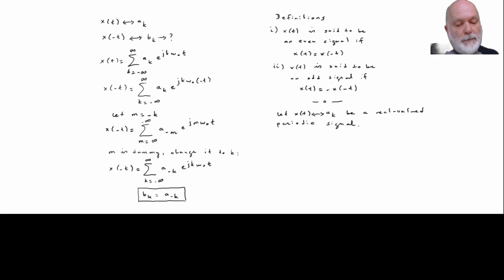Now, if in addition x of t is even, the Fourier series coefficients ak are real valued and the following condition is satisfied: a minus k is equal to ak.